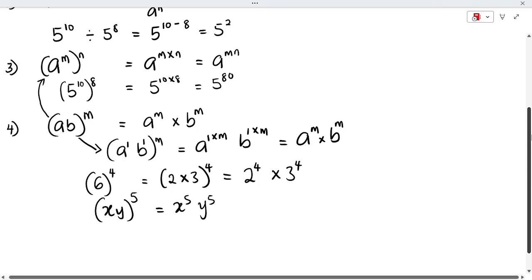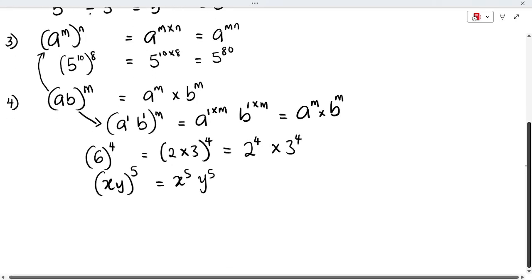So you can use it as much as you want. Because the beauty of indices is being able to know how to use the laws at a particular time. Later, as you are seeing such questions, we'll be applying them basically.